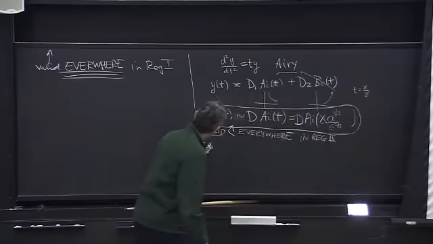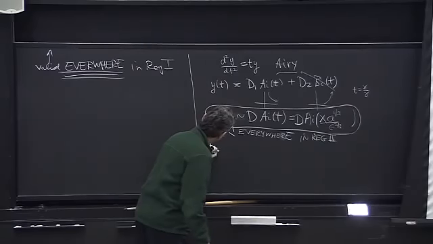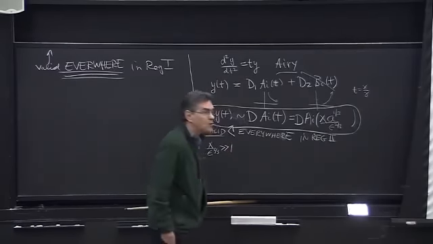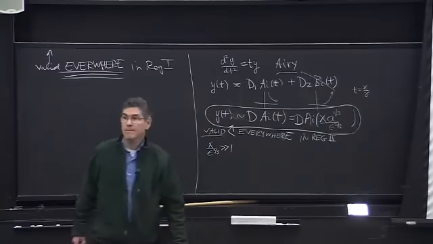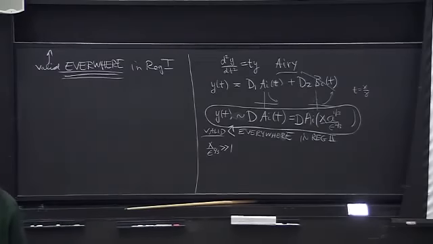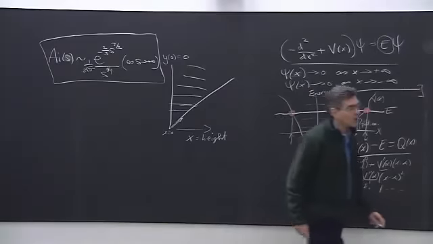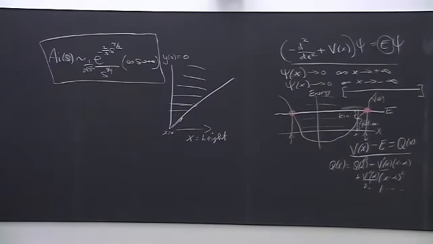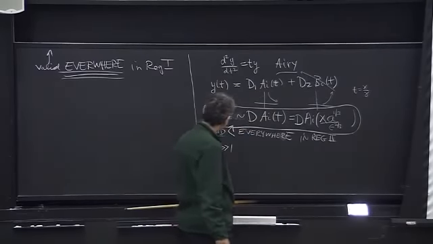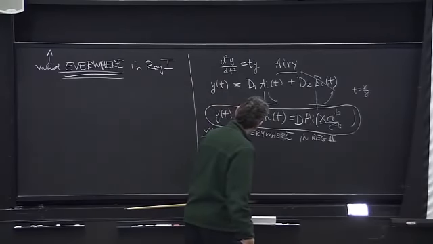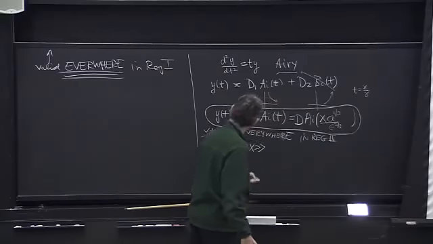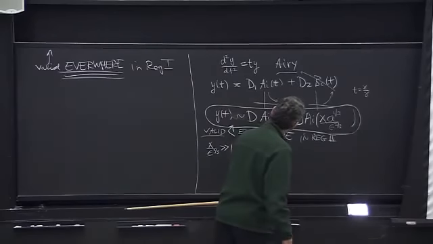But so long as x over epsilon to the 2/3 is large compared with 1, then I can approximate the Airy function using that formula. Do you all see that? That means so long as x is large compared with epsilon to the 2/3.